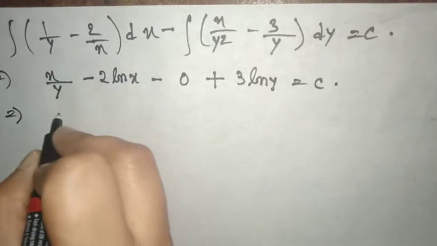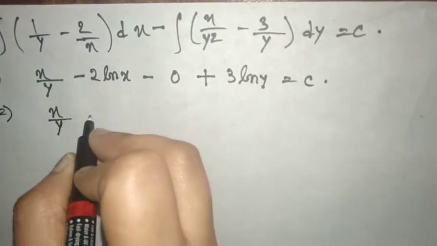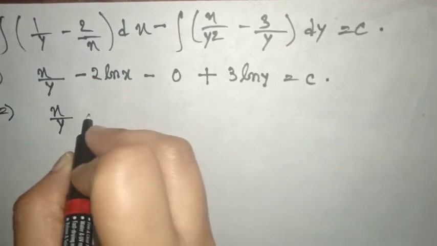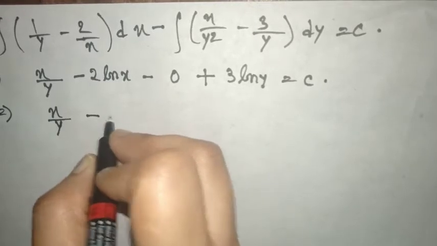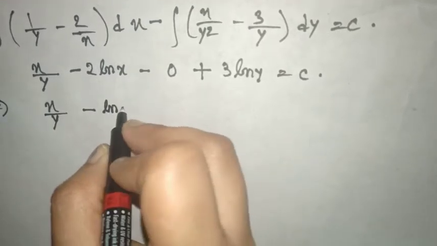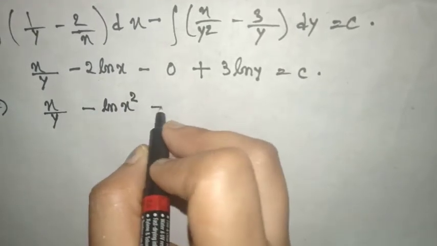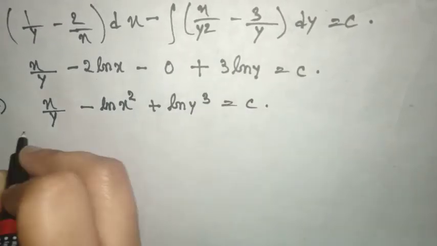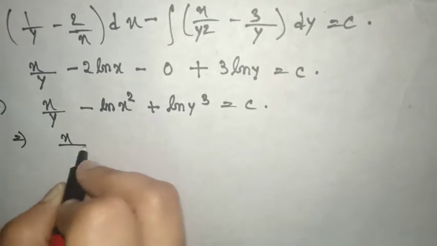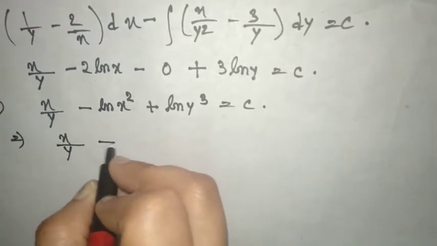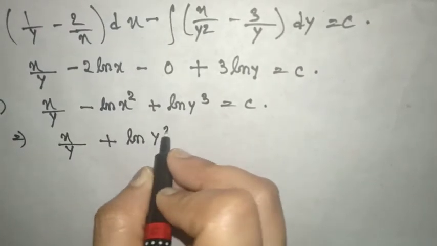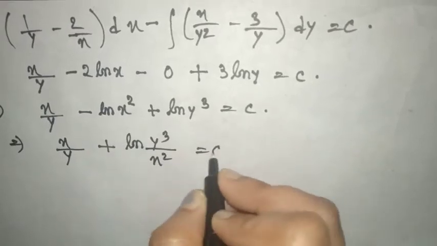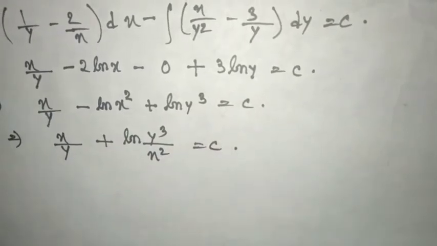Now this can be written as x by y minus ln x square plus ln y cube, which is equal to c. This is x by y plus ln (y cube by x square) is equal to c. Fine, so this is the answer.